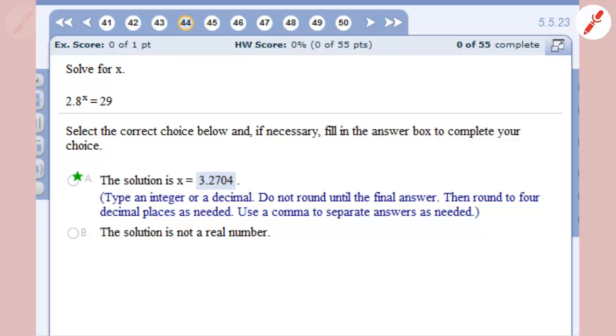All right, here we have another exponential equation. I'm going to take the log of both sides in order to find out what x is. So we'll have x log 2.8 equals log 29. I'll divide both sides by log 2.8.